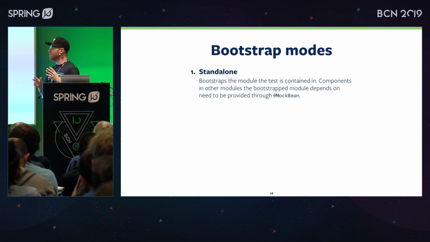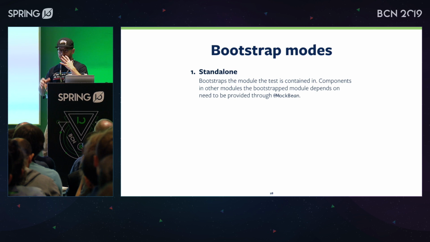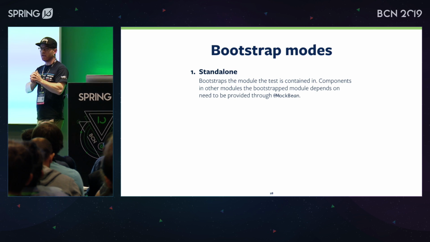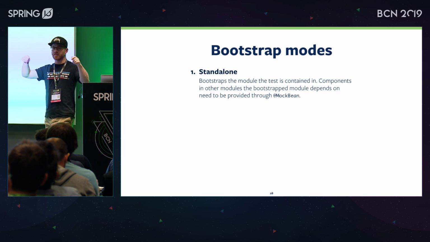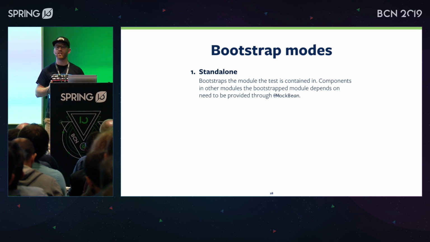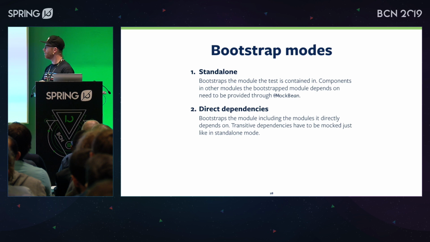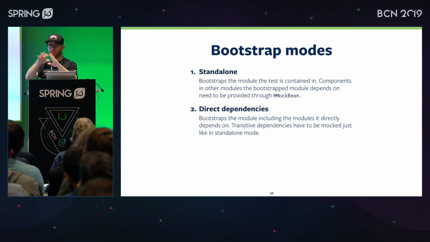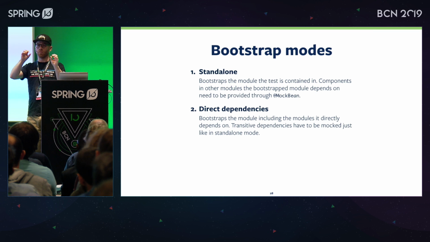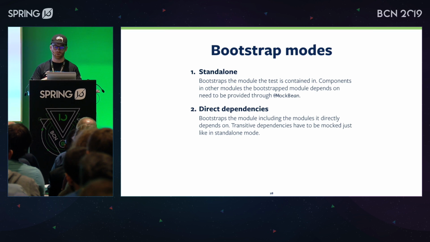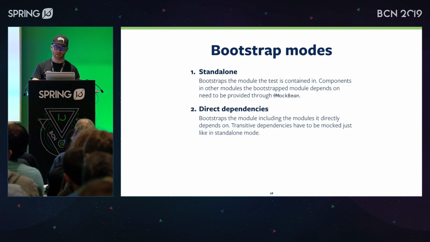So what you've seen by default is the standalone mode. It's basically just run this module only, and whatever references out of the module you have, you need to mock them. That's one way of doing it. You can use the direct dependencies bootstrap mode that would include one layer more, or one transitive dependency more.